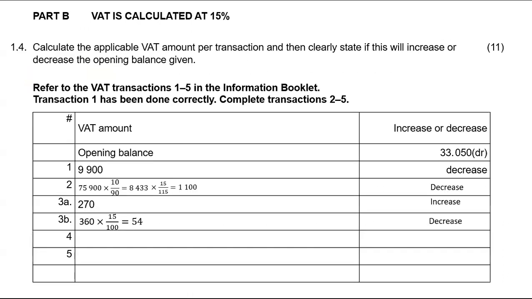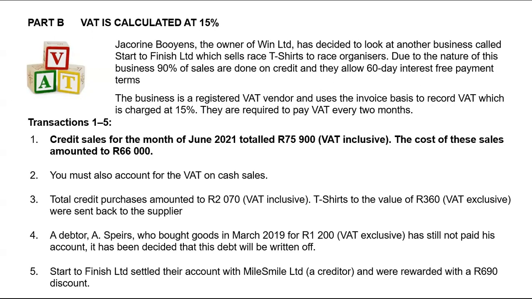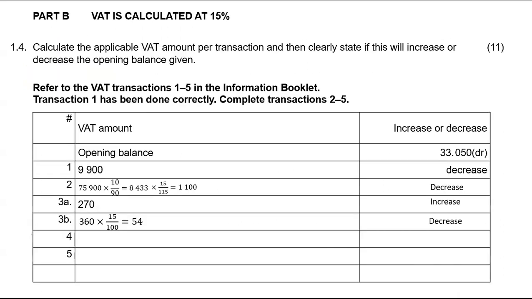So that 1,200, they said it's VAT exclusive. So you will calculate VAT at 15% on that. And the amount of VAT that you get on that, which is 180, will increase your VAT input as I've specified. It does reduce your VAT output. And when you reduce your VAT output, you're just increasing your VAT input.